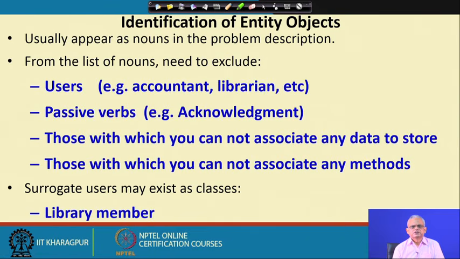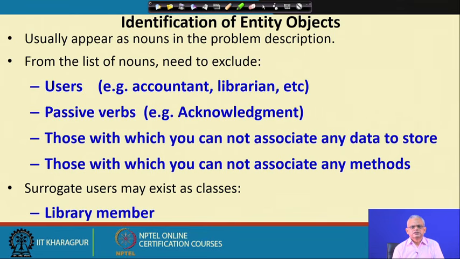Now, that brings us to the third category of classes, that is the entity objects. Actually, these are the hardest. The boundary classes and controller classes are easily identified. Just by inspecting the use case diagram, we can very quickly identify them.